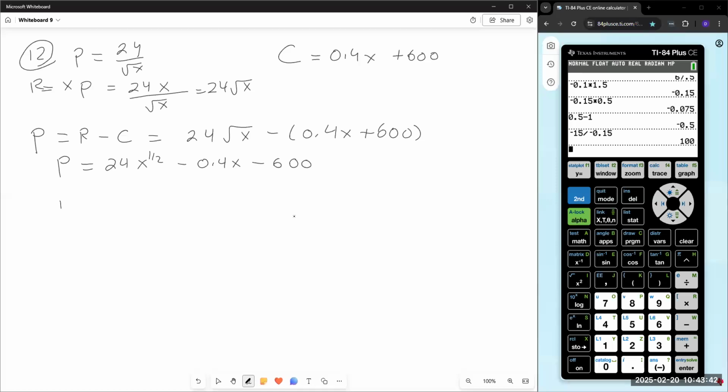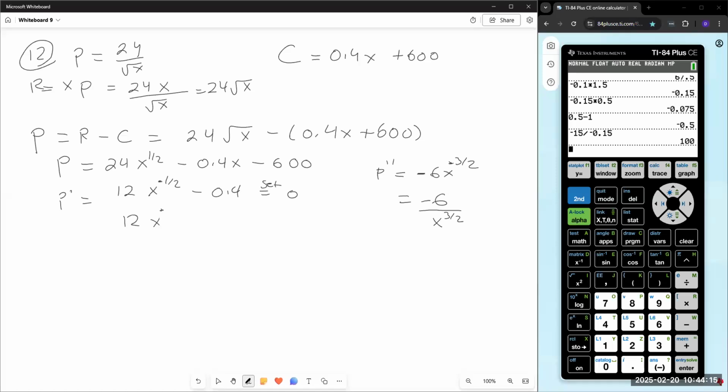So that makes P prime equal to 12x to the negative 1/2 minus 0.4. And that makes P double prime equal to a negative 6x to the negative 3/2, or a negative 6 over x to the 3/2.